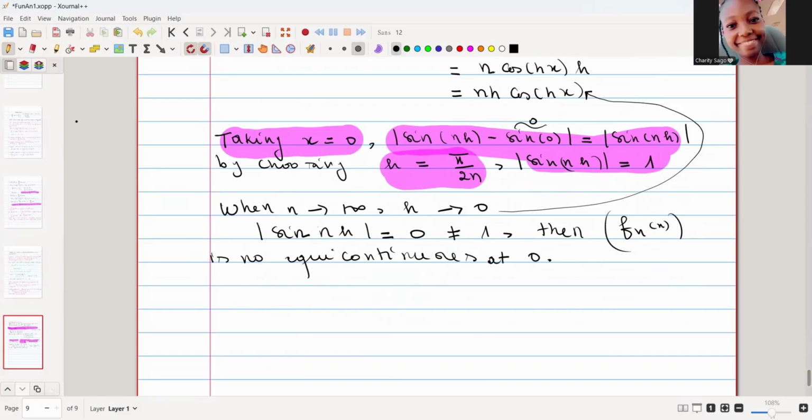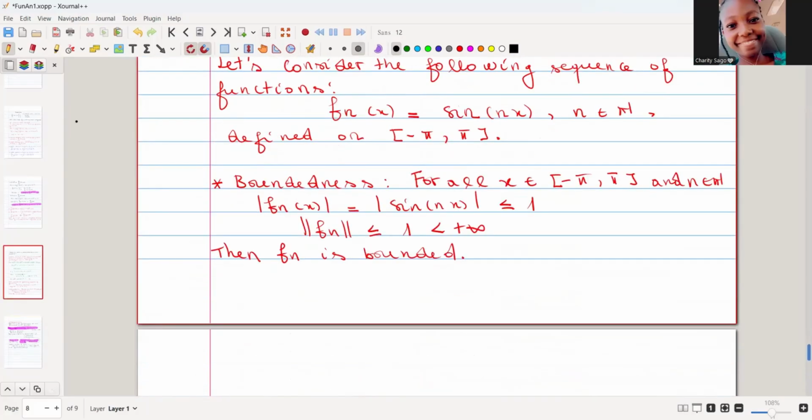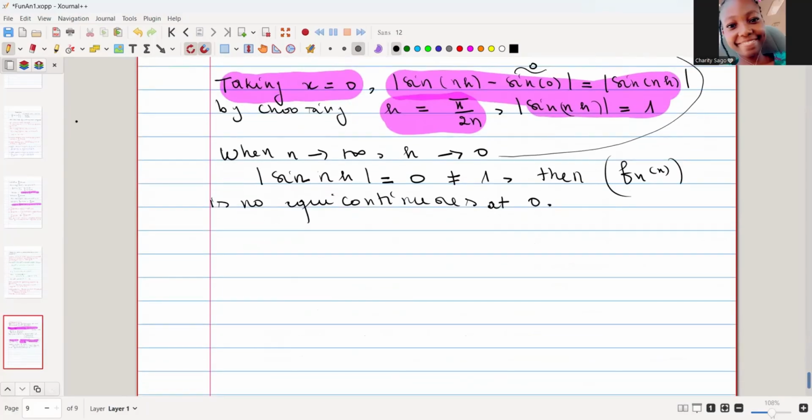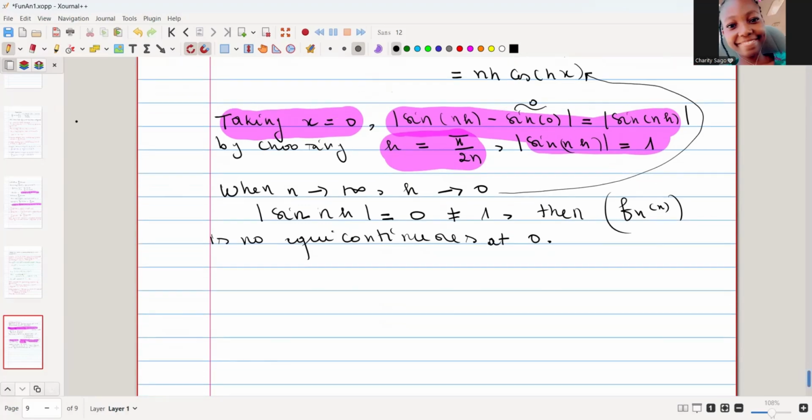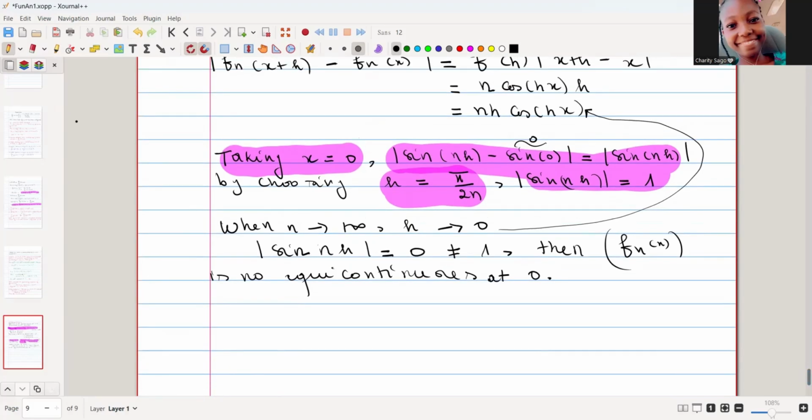So, as the equicontinuity is not validated, then the identity is not compact.